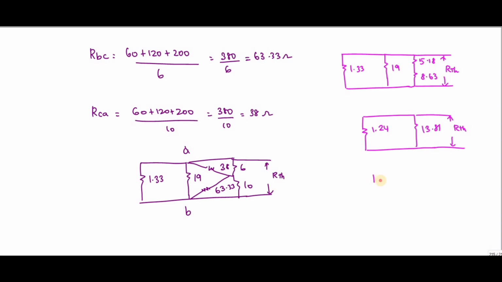So RTH is equal to 13.81 into 1.24 divided by 15.05. What is the answer? 13.81 into 1.24 divided by 15.05 is 1.135.